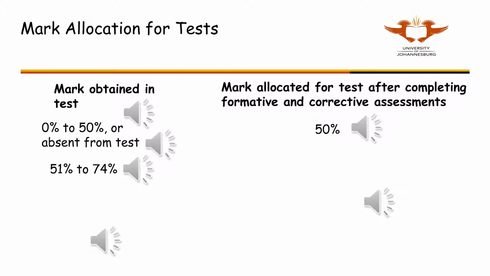Once you have done the formative and corrective assessments after passing without distinction, I am assuming that you would be able to get a distinction for a similar test. If you get a distinction, you will be awarded 100% after correcting the few misconceptions you may have had.